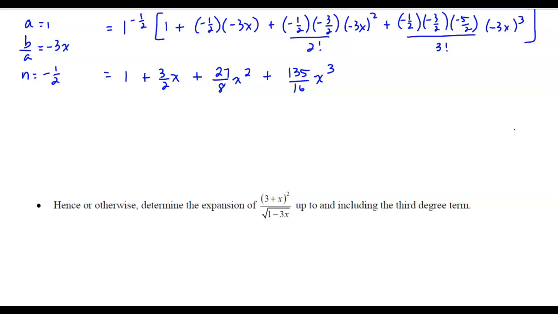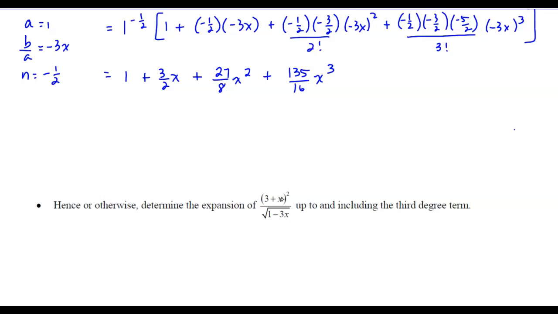Use it, right? So hence or otherwise means they will take other work, but hence means take a look at the previous part and see if it will help you. So here, take a look. The denominator is the same in both. So this is a polynomial. It's an easy binomial, right? It's not an approximation. It is itself, right?